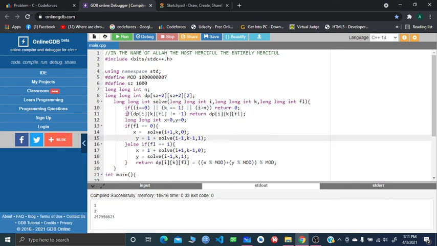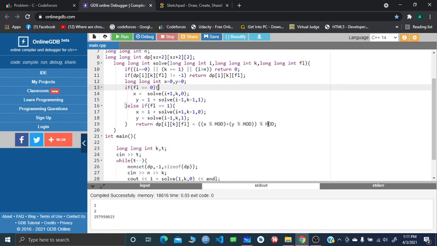And this is the memoization part, and this is the fun part. Now FL equal to 0 considers that the particle we're working on is coming from left to right. What is going to be our approach? I know that if it's coming from left to right, a new particle is going to be produced, and it's going to be from right to left.